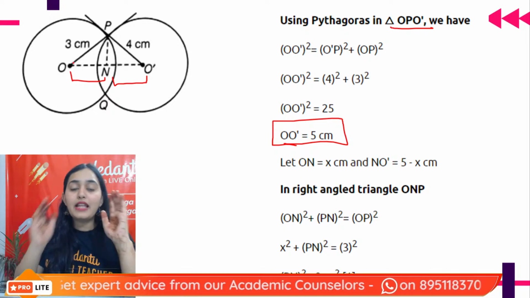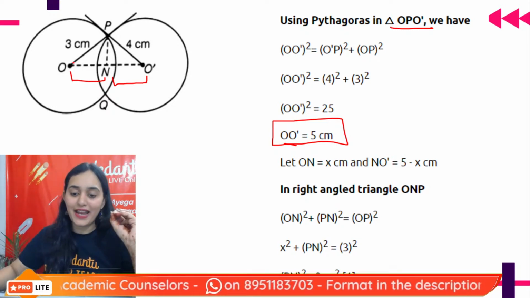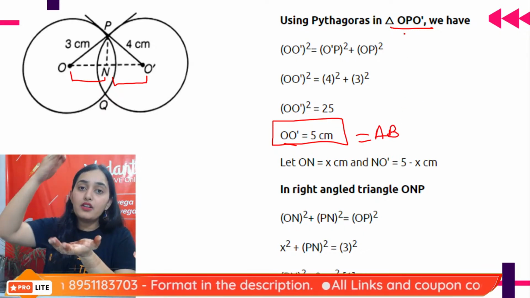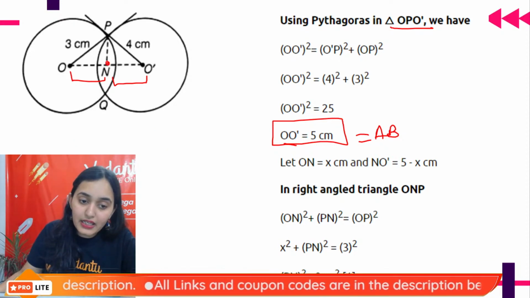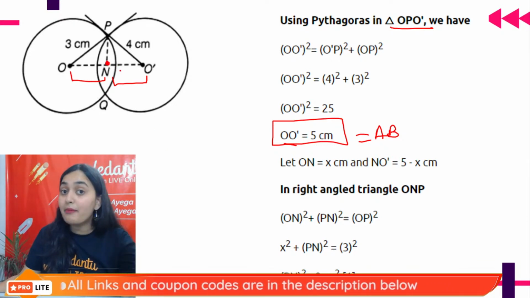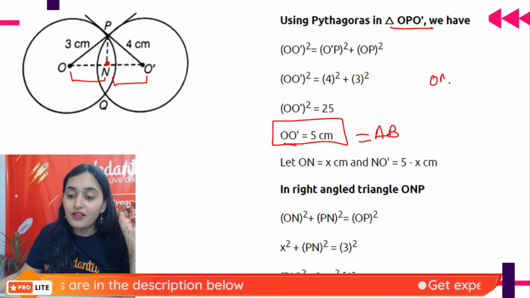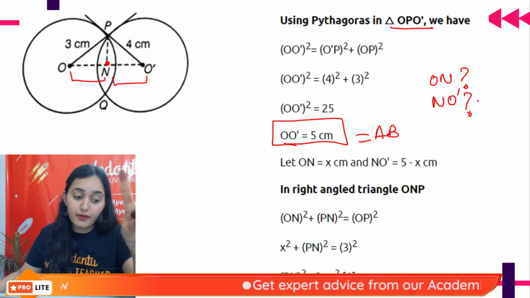Now you know that O till O dash is 5 centimeter, that is AB is 5 centimeter. Now you are drawing a perpendicular CD such that it is joining at the point N, but N is not the midpoint. So you need to know the value of ON and the value of NO dash because it is not the midpoint.